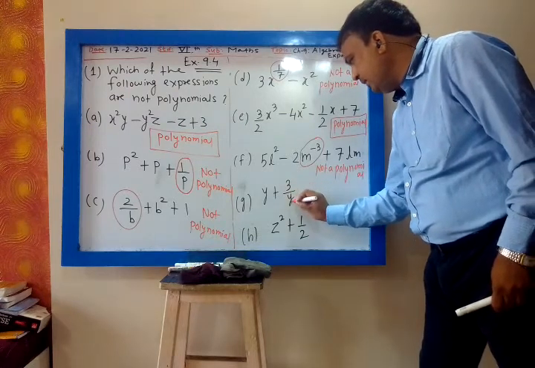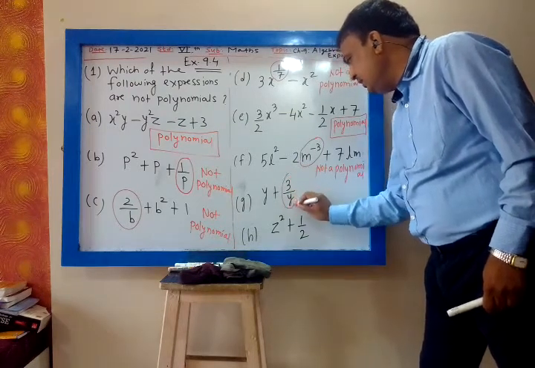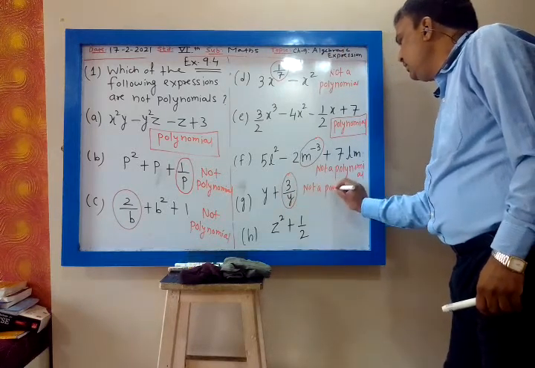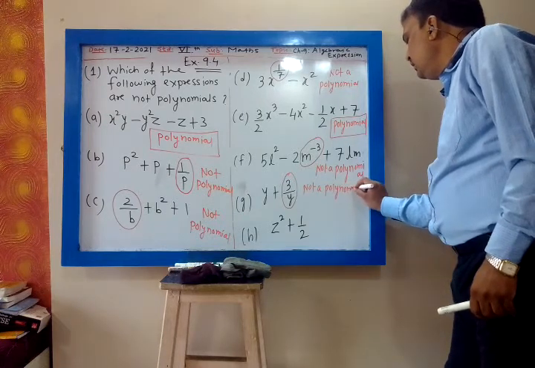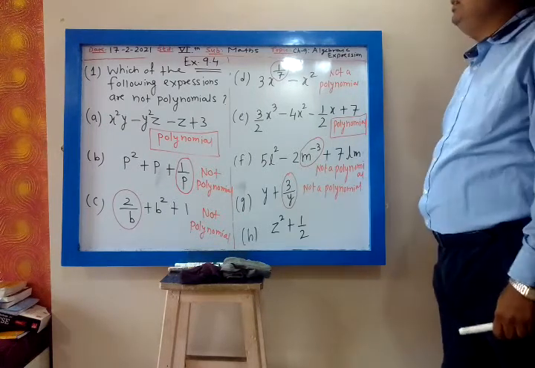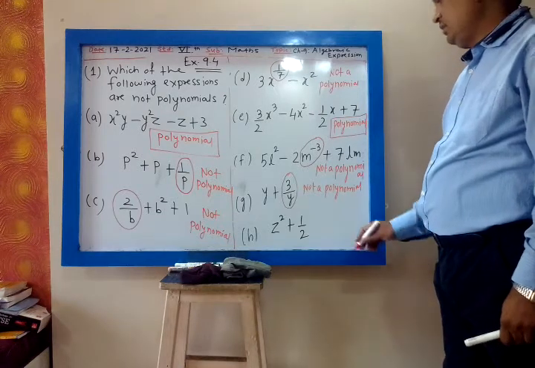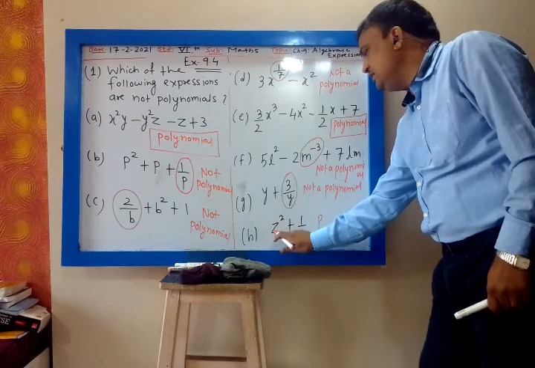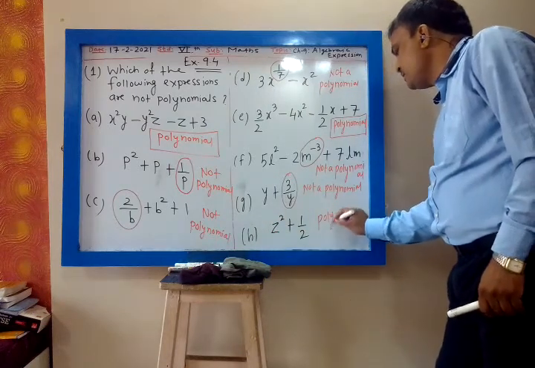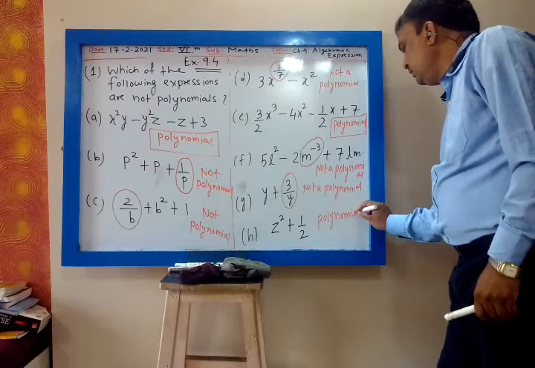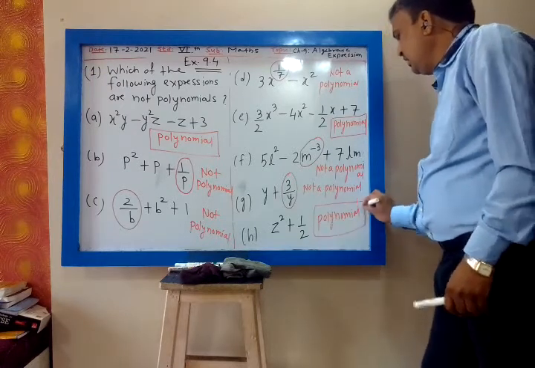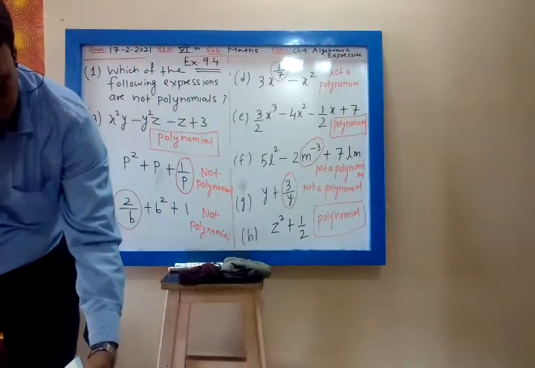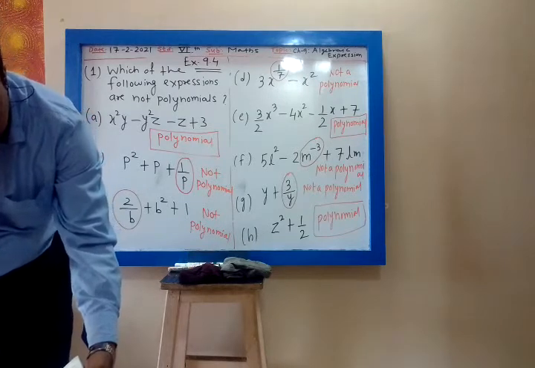Because this variable is in the denominator, it is not a polynomial. What about the last one? It is a polynomial because the power of z is 2 and z is in the numerator. No, my dear, a number can be in the denominator. A number can be in the fraction.